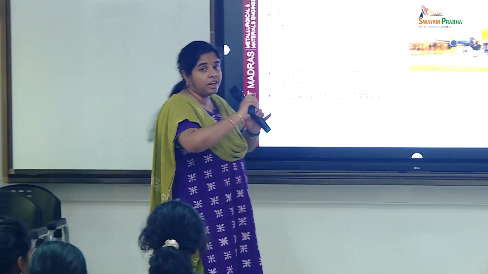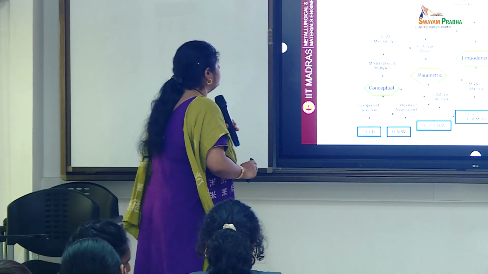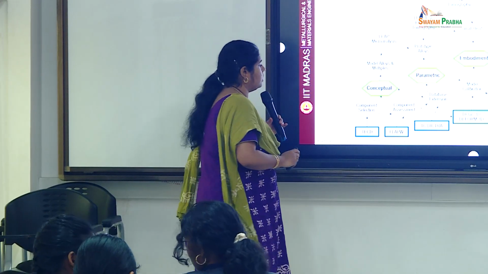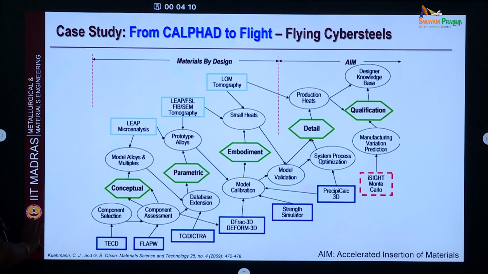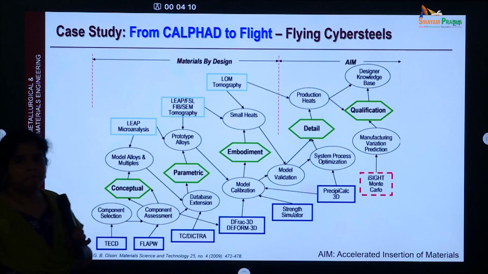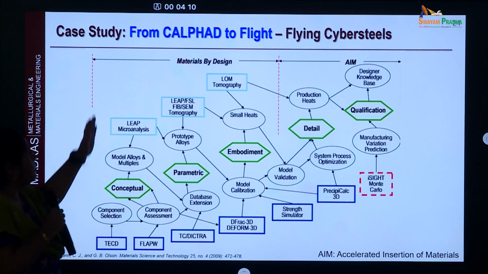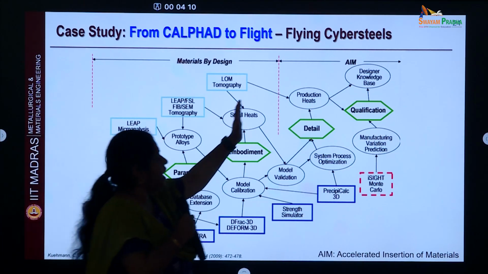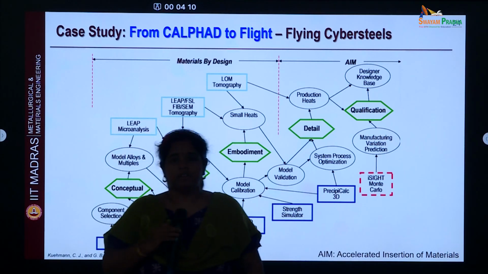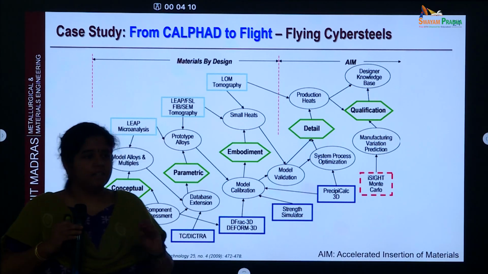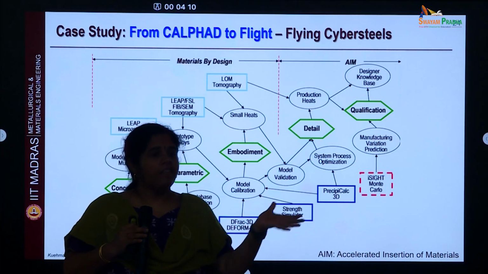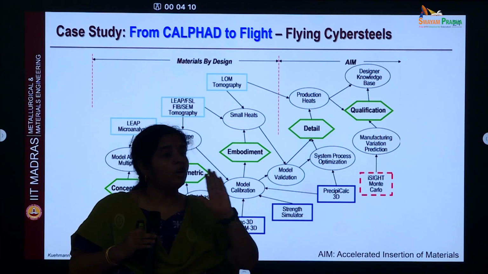So now we have defined our problem. This is a 5-part design. You have materials design, and what is this AIM? Accelerated insertion of materials. Accelerated insertion of materials means faster replacement and a drop-in replacement.